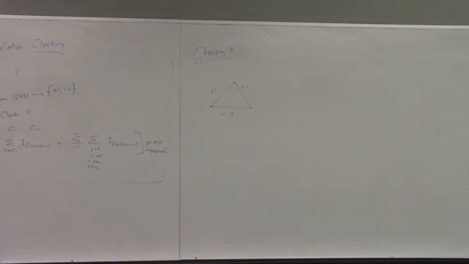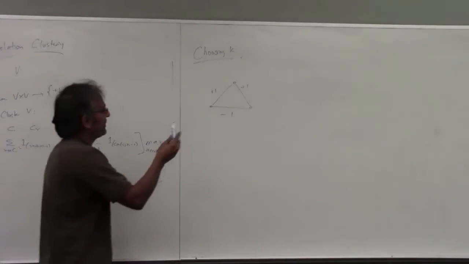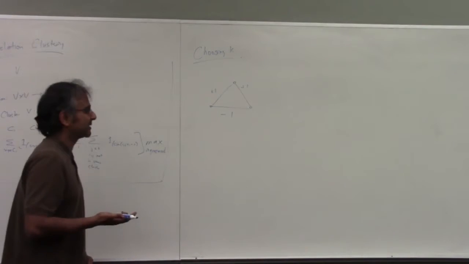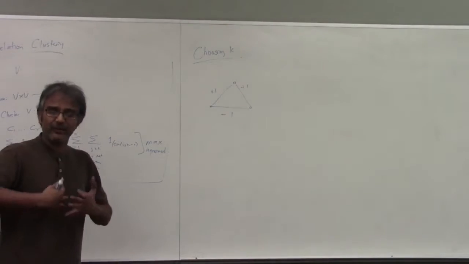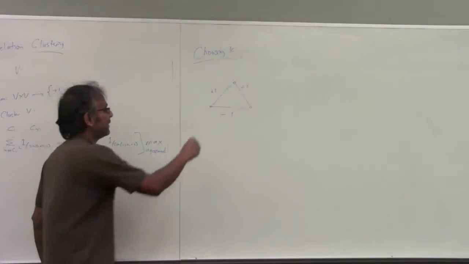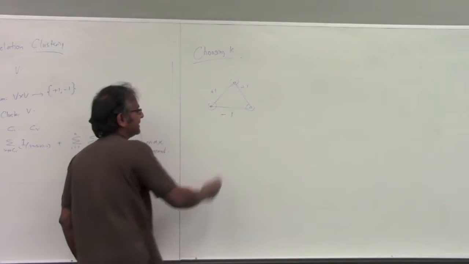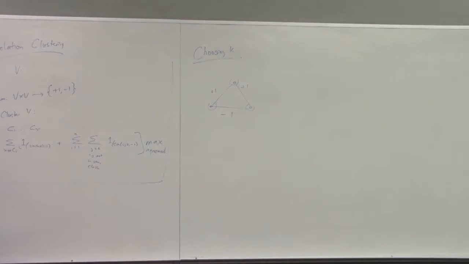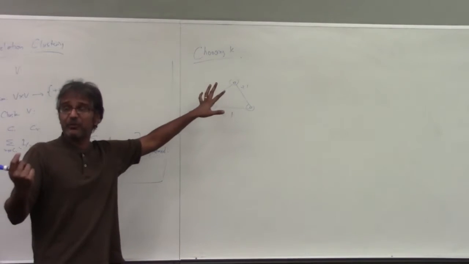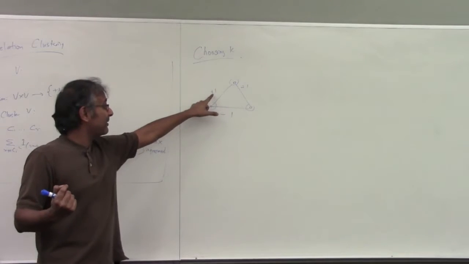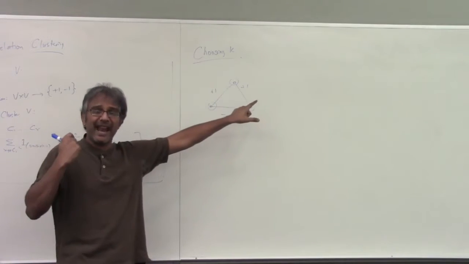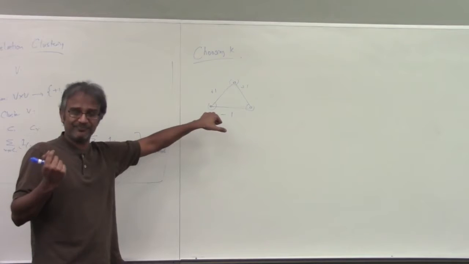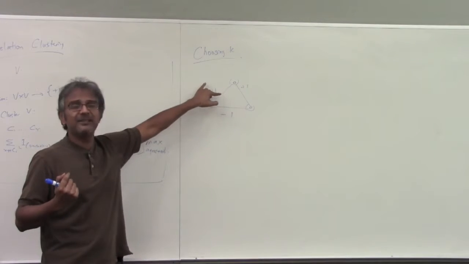Suppose you didn't have the notion of plus ones and minus ones, and you only had minus ones. You only had a notion of distance, things should be far away, and you put things far apart in their own clusters. That's fine. There's nothing wrong with this formulation. You keep things far apart, and other things you just don't care. And this is the issue about don't care. But here, because of the plus ones, you are actively losing profit from separating things that could have been in the same cluster.